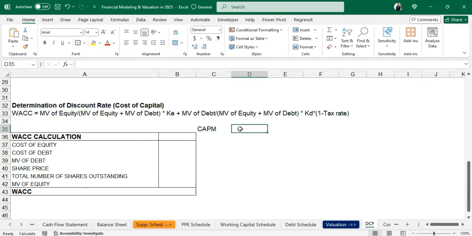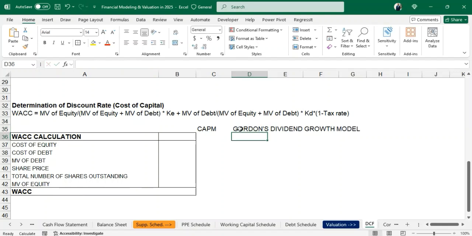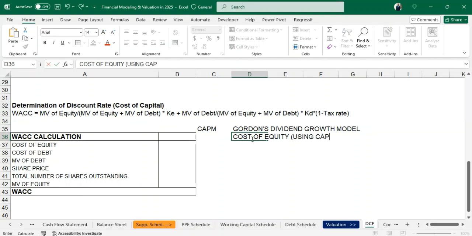And then we also have Gordon's dividend growth model. These are all ways of determining our cost of equity. But for the purpose of our video, we are going to rely on the CAPM because it's more simple and widely used. So we can have here our cost of equity using CAPM.